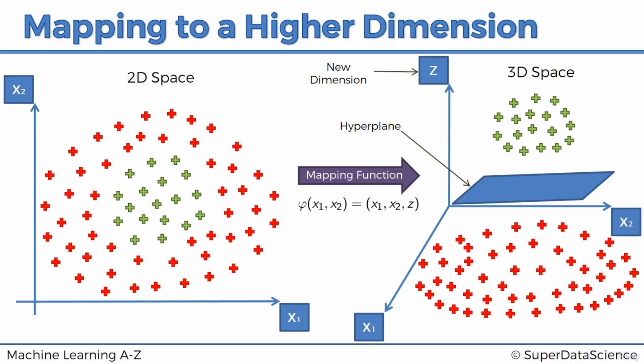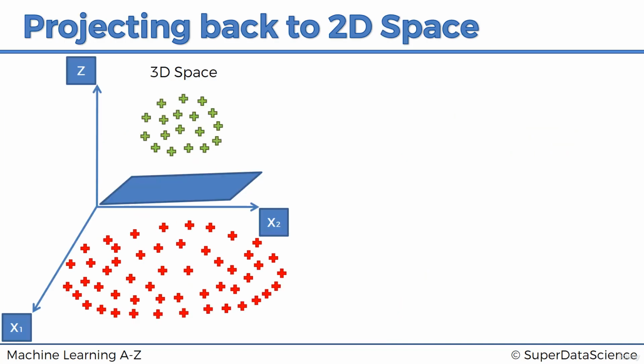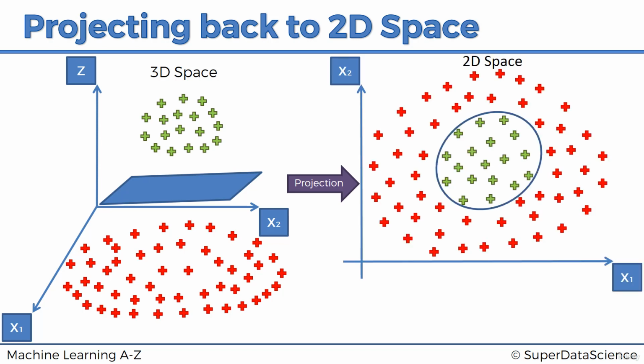And so this hyperplane separates the two parts of our data set in the way we want. So the support vector machine algorithm has helped us build this hyperplane. And then we've got this result. Then we just project it back into our two-dimensional space, and we've got this circle that encompasses our classes, or separates our classes. And there we go, we've got the non-linear separator.